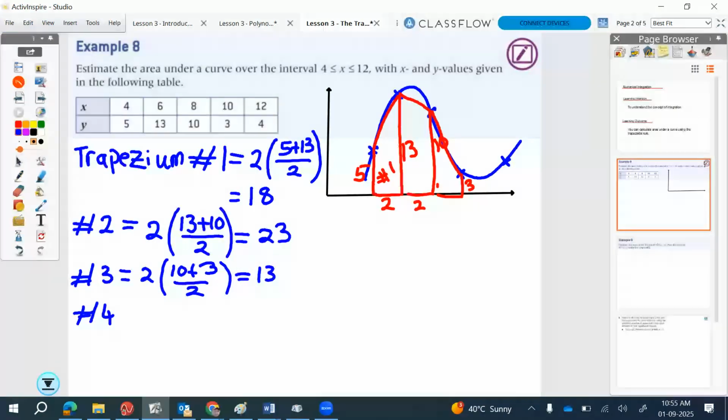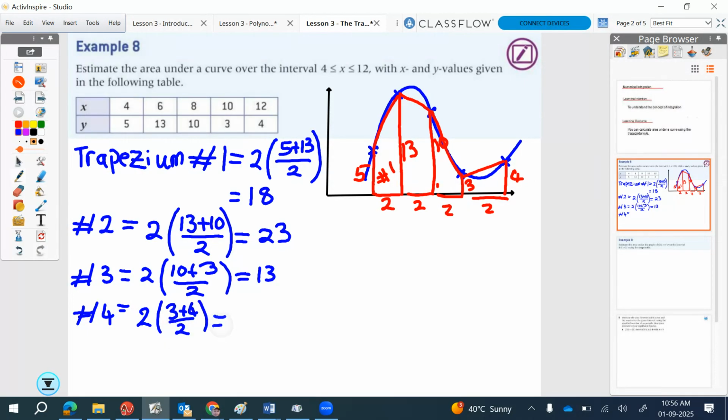Then trapezium number 4, our last one. Going a bit wider, still only 2. The area here is 2 times (3 plus 4) over 2. 3 plus 4 over 2, that's 7.